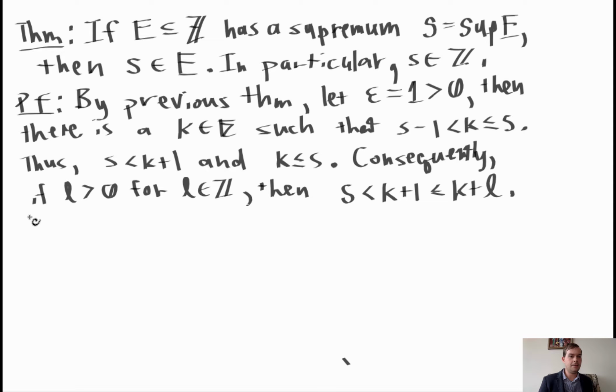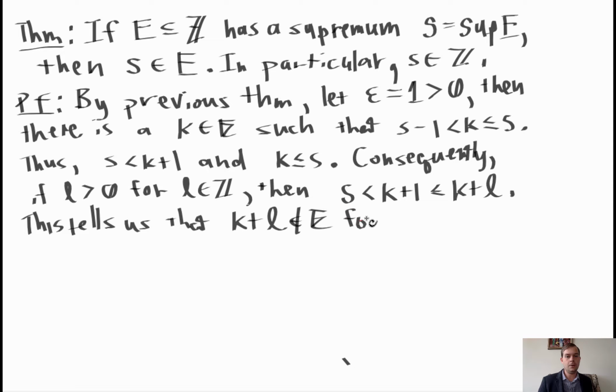This tells us that k plus L cannot exist in E. Otherwise, we would break the definition of the sup, for L in Z and L greater than 0.